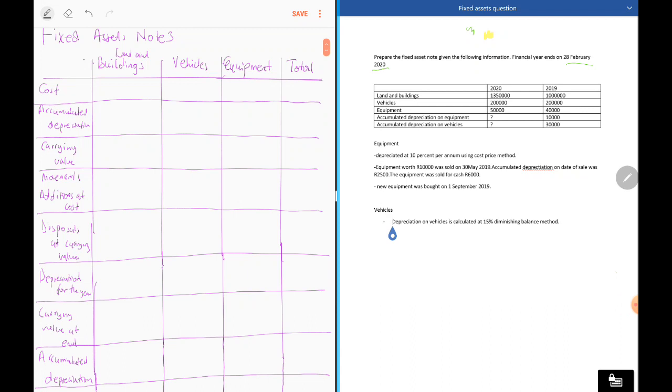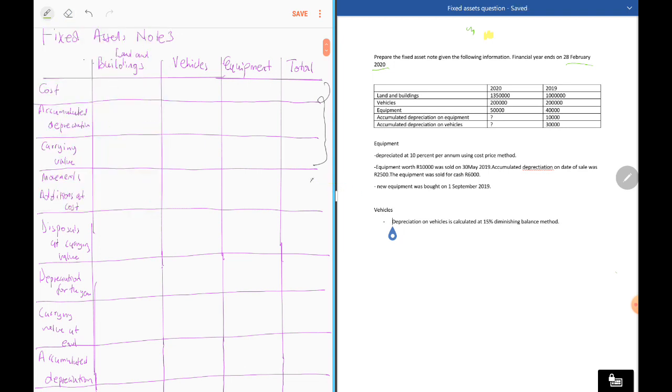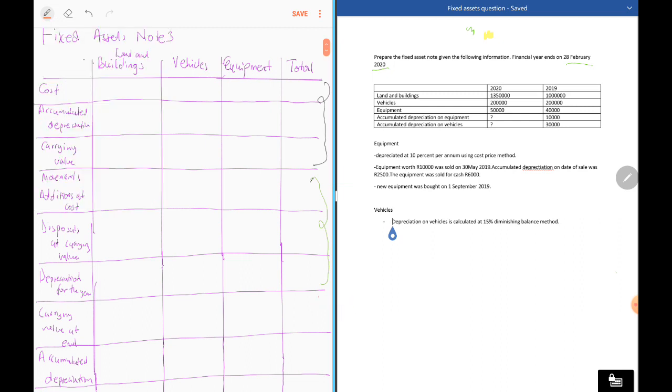So for the fixed asset note, remember it's divided into three parts. This is the beginning, and then we have the during, and then we also have the end, right? It's beginning, during, and the end. I'll write it again here. This is the totals column.